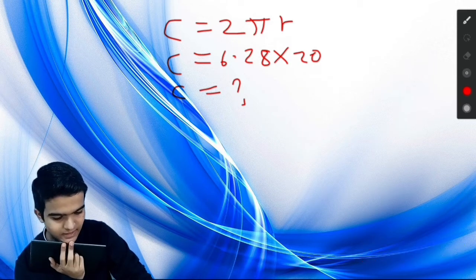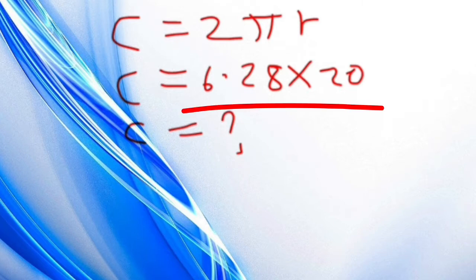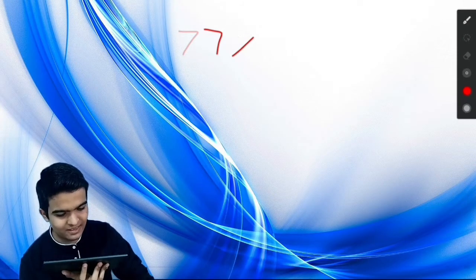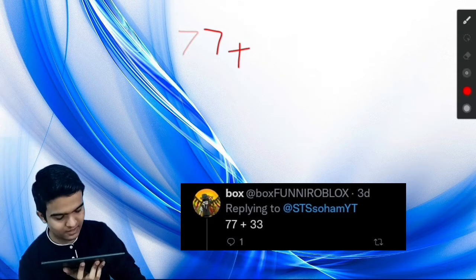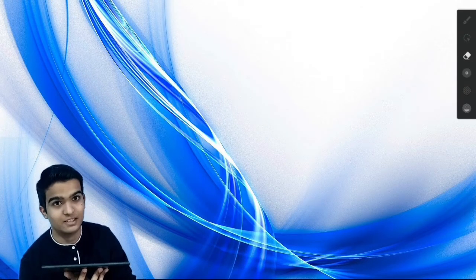So that's it, and C is equal to question mark. So we just have to multiply 6.28 into 20. So the answer should be 125.6. So the next question is 77 plus 53, which is actually 110. Pretty easy actually.